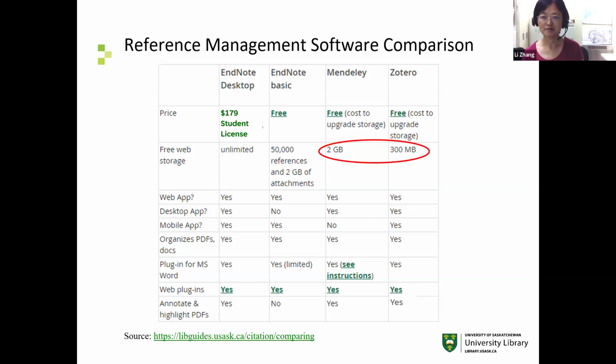The main difference between Mendeley and Zotero is free storage. So Mendeley has 2 GB storage and Zotero has only 300 megabytes. So 2 GB enables you to store thousands of PDFs in the software. So that's the reason I recommend using Mendeley.